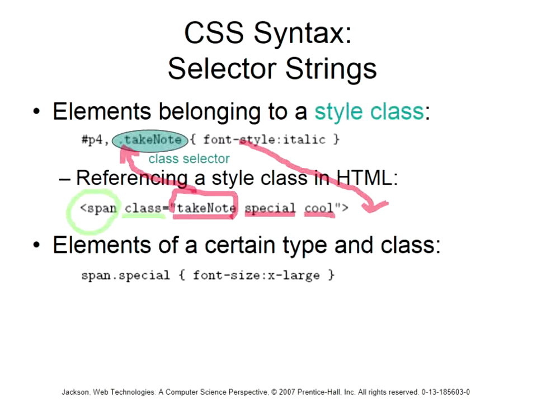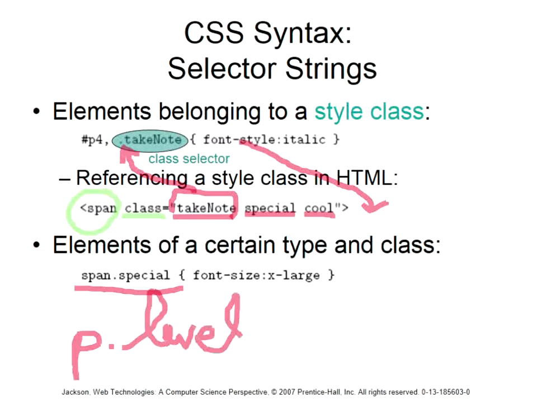Any question about class and ID? Okay, so if we write, for example, span.special or P.level, what's the meaning of this selector?